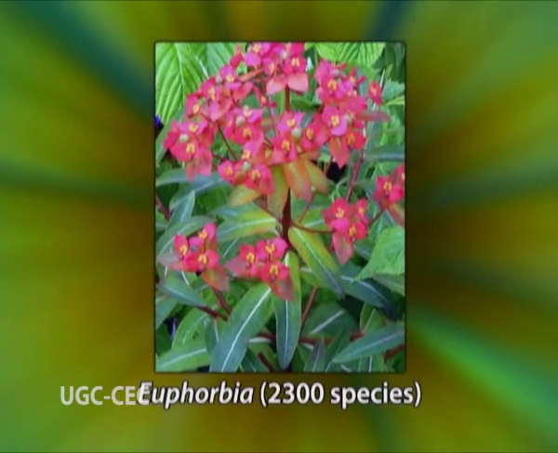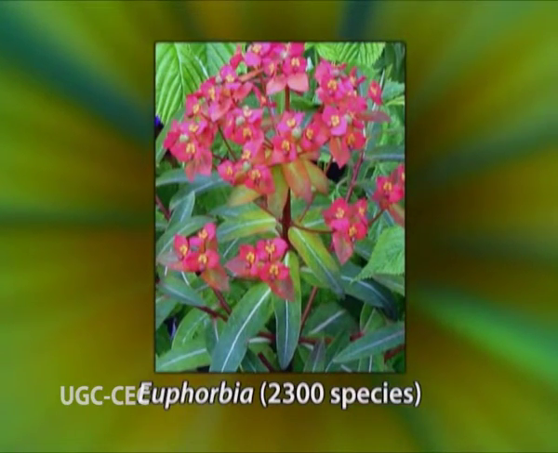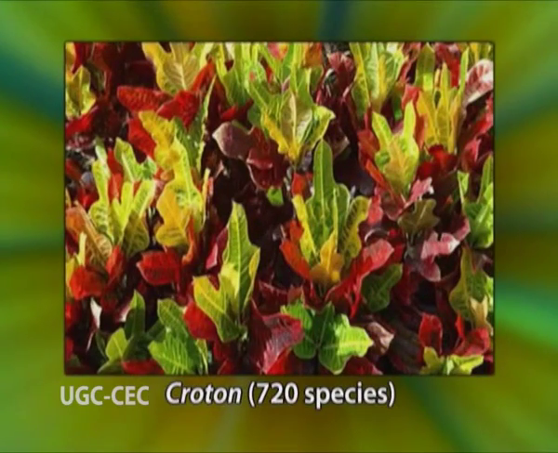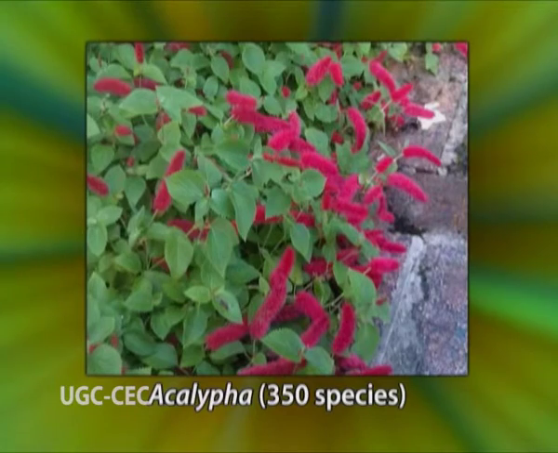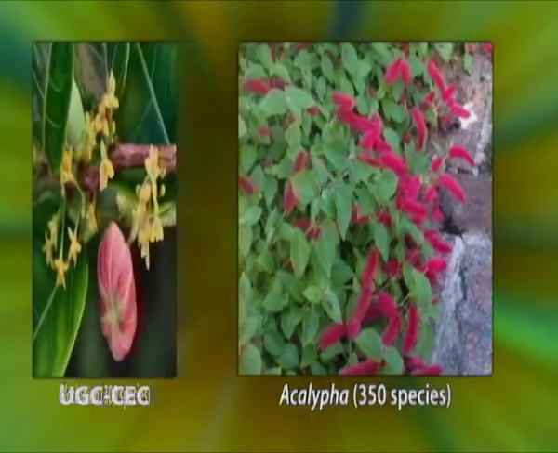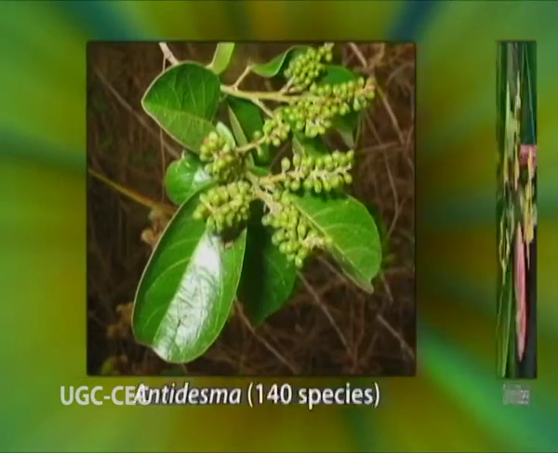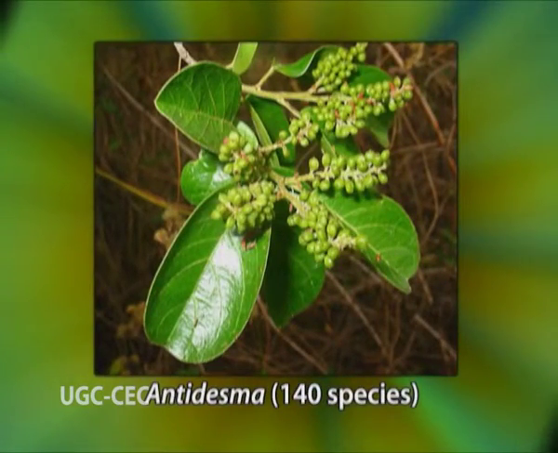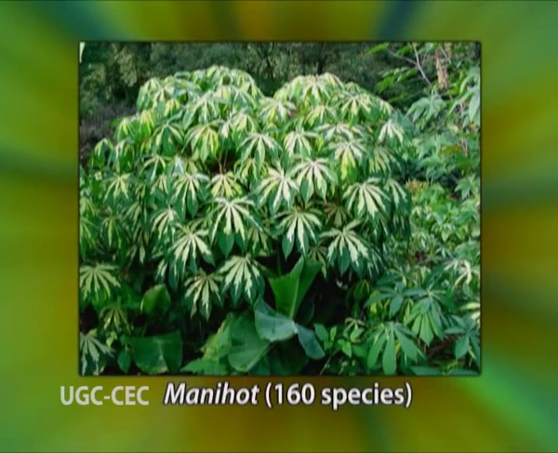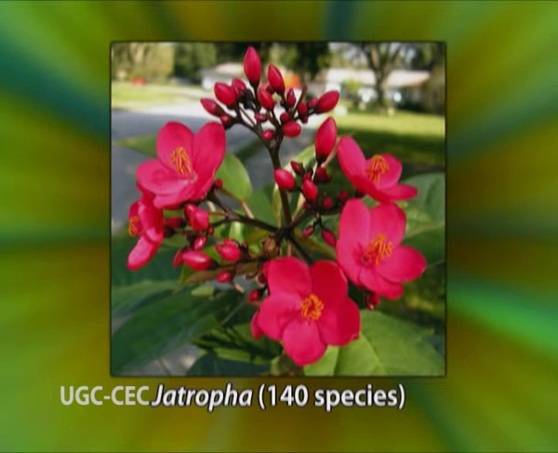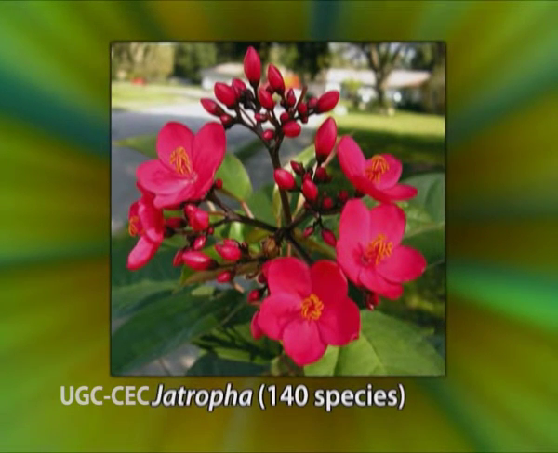Some species-rich genera of this family are Euphorbia with 2,300 species, Croton with 720 species, Acalypha with 350 species, Glochidion with 300 species, Antidesma with 140 species, Manihot with 160 species, and Jatropha with 140 species at the global level.